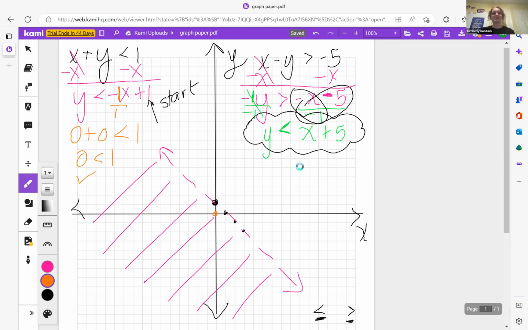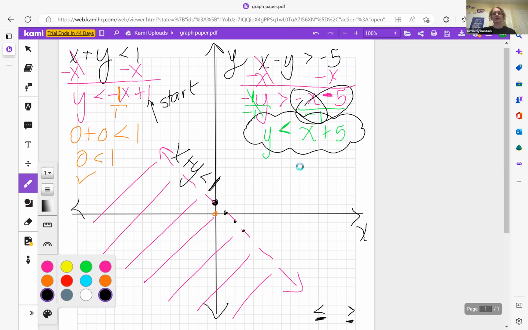Okay, that was our first inequality. Let's remember to put x plus y is less than 1 on this graph. Remember that the dotted line is like a border, just like a fence. None of the points on it are solutions of that inequality or of the system when we graph the other one.